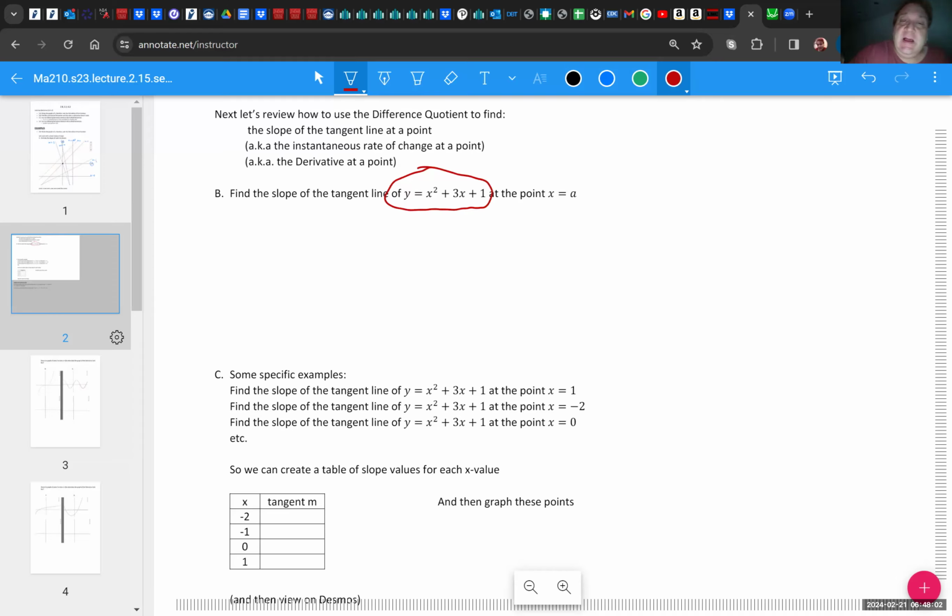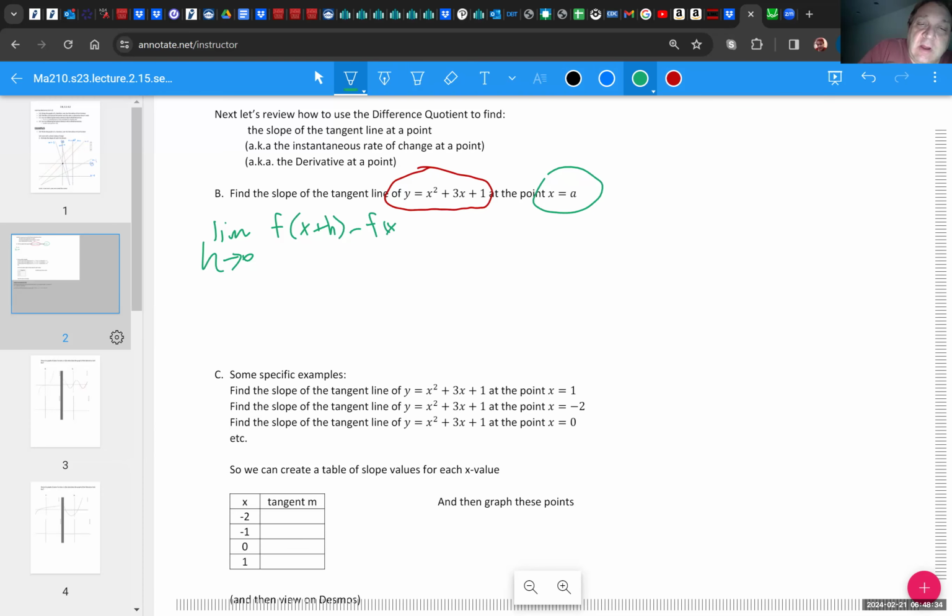We're going to look for the slope of that tangent line, which is the derivative at that particular point. The point I'm going to be using, as I've done before, is not specified. I'm not going to say at x equals 4, I'm just going to say at x equals a. So a is supposed to be some location that they'll specify later. We're going to be using the difference quotient. There are two versions. I'll use this one. I think it's a little more common for Calc 1 students.